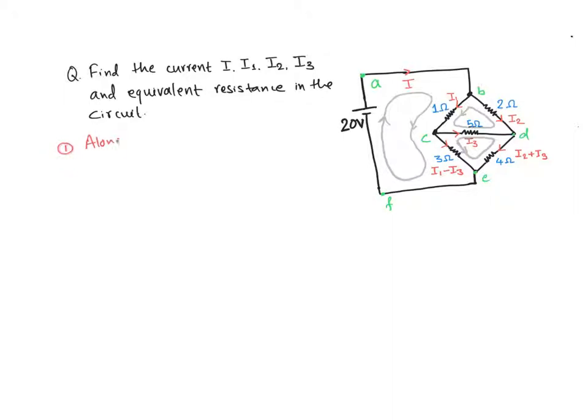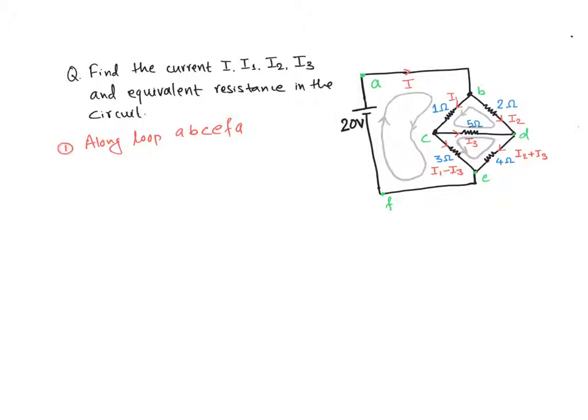Along loop A, B, C, E, F, A. From A to B, there is no component to drop the voltage. From B to C, we are moving along the direction of current, so there is a voltage drop, which we mark as negative. The voltage drop is the product of current and resistance.